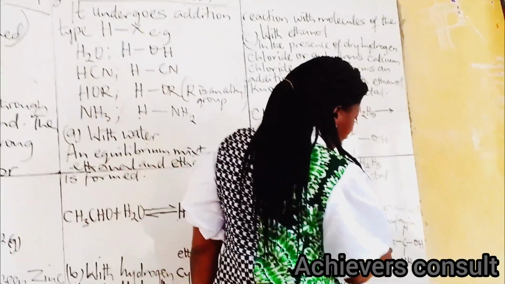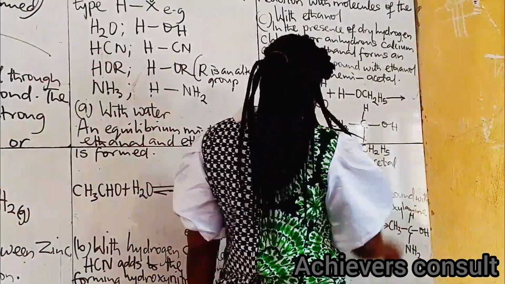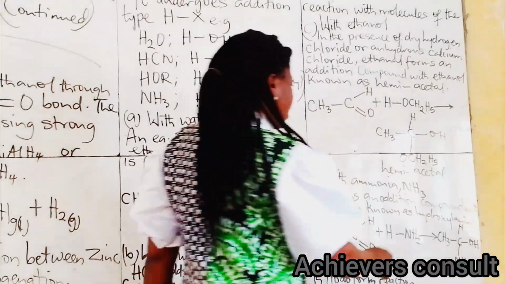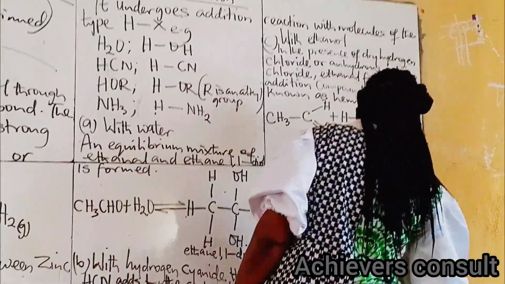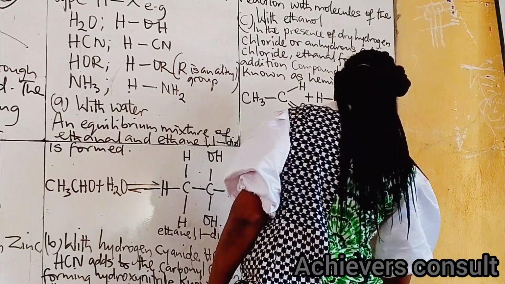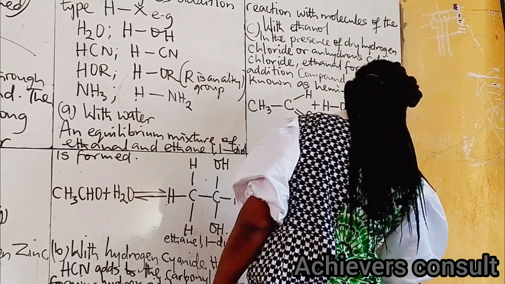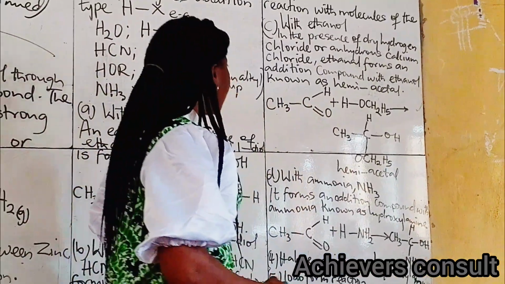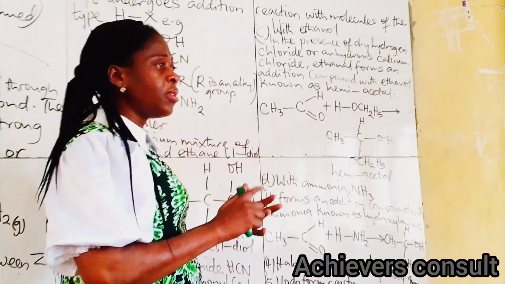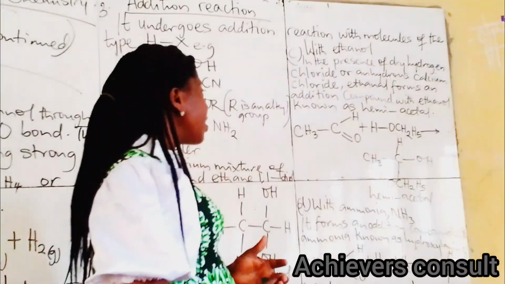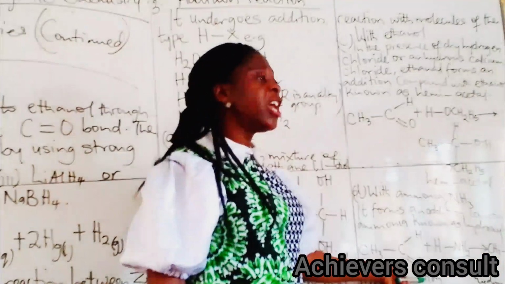So giving us this compound CH3CHO attached with amine. This compound is known as hydroxyamine.